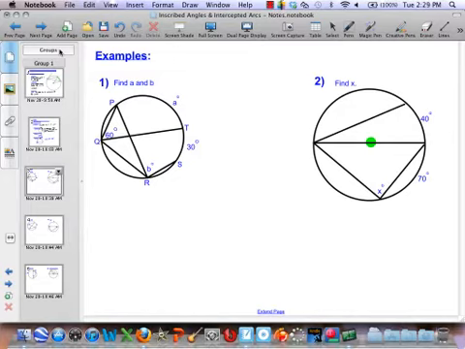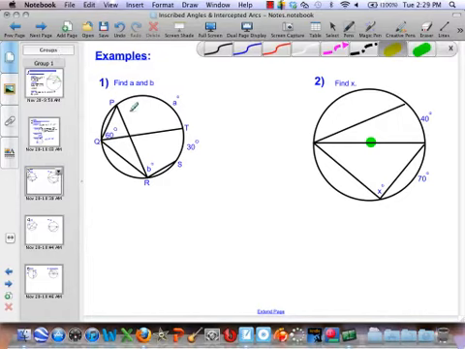Sort through the mess. What's going to help you solve for A? PQR? Not PQR. PQT. Why is that? Yeah, A is just the arc.